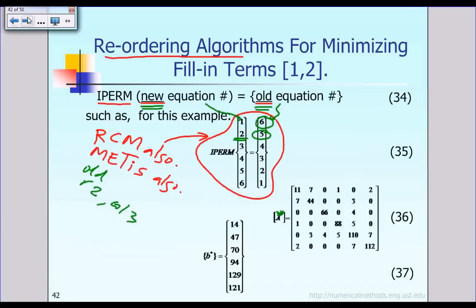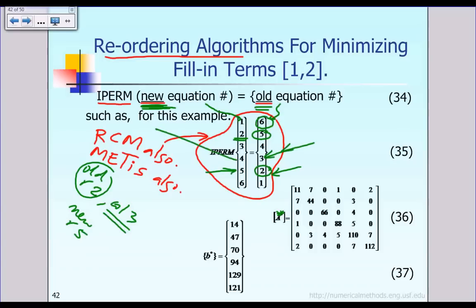Based on this information, the old row 2 now will become the new row 5. So the old row 2 now becomes the new row 5. Similarly, the old column 3 will become the new column 4.